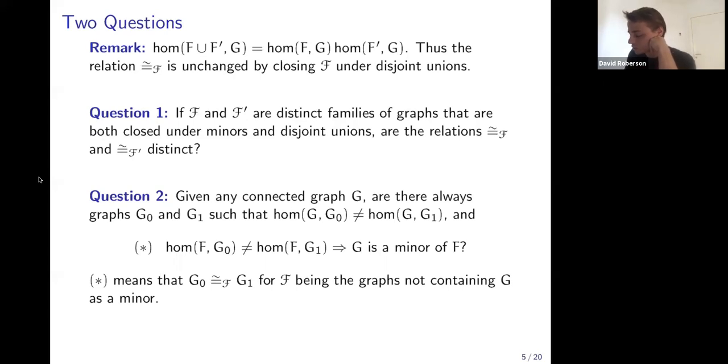Given some connected graph G, is it possible to always find two graphs, G0 and G1, such that, first of all, G has a different number of homomorphisms to the two graphs, and also, any graph F that has a different number of homomorphisms to them implies that G is a minor of that graph F. So this condition is equivalent to saying that G0 and G1 are F-indistinguishable, where F is the family of graphs that don't have G as a minor. Okay, this is just by definition.